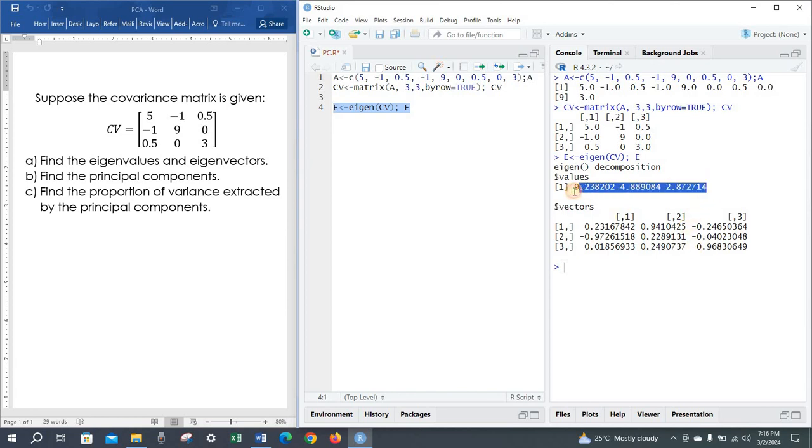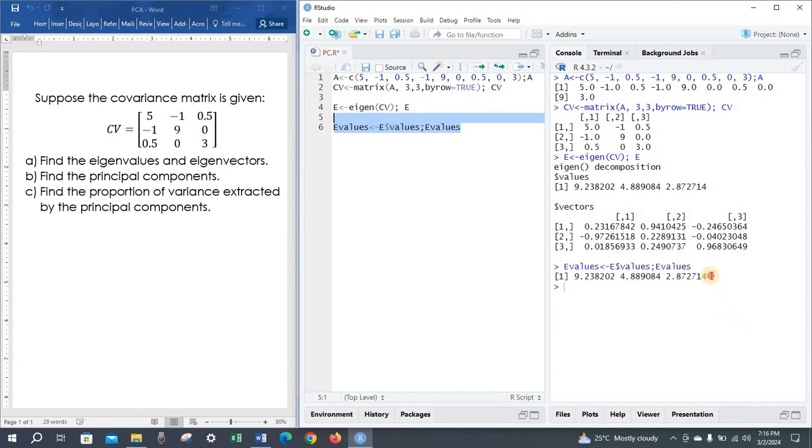Here are the eigenvalues, and these 3 columns indicate the 3 eigenvectors. You can extract the eigenvalues as $values and run it, and the eigenvalues are extracted.